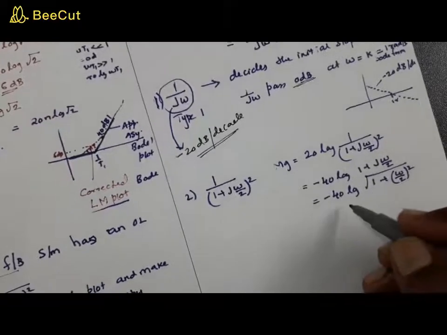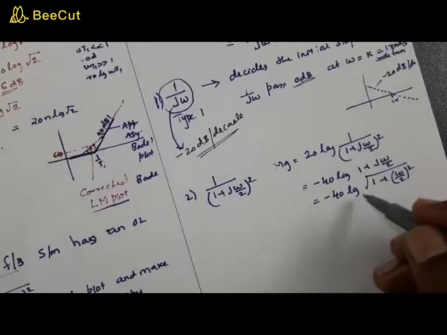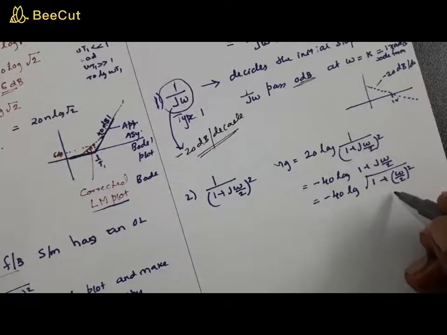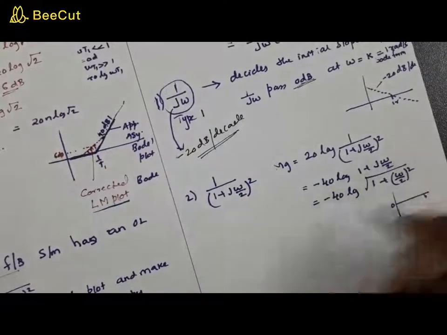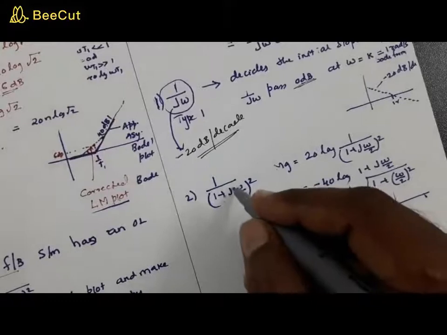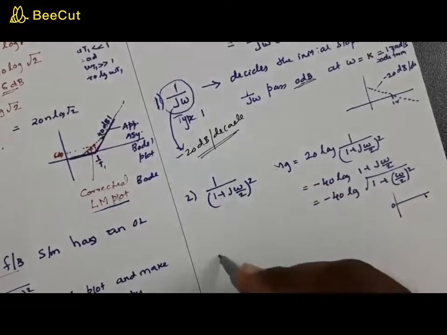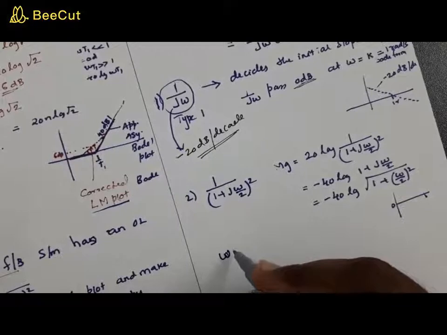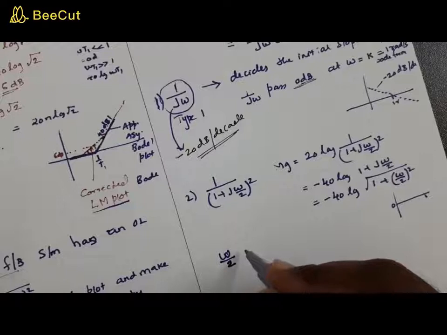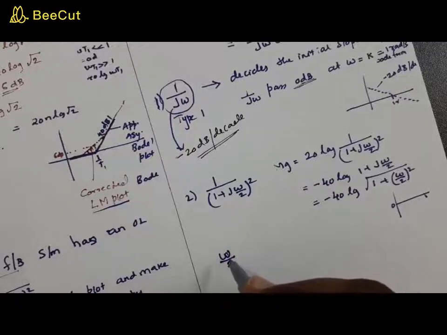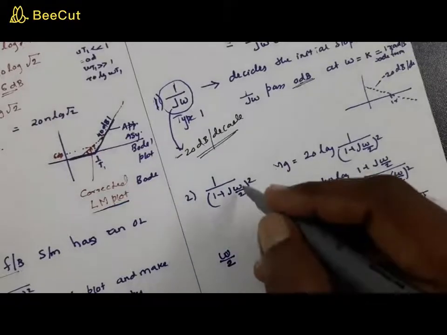Now as per our approximated prediction, we know that this particular waveform will be having 0 dB up to omega t equal to 1. Here the omega t is actually omega by 2, so this is j omega t.